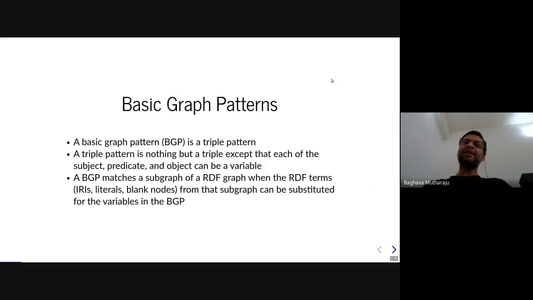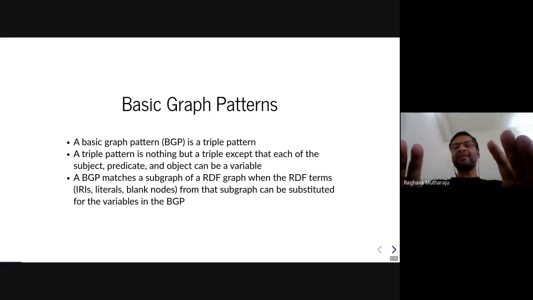The other important term here is basic graph patterns, or BGPs. A basic graph pattern is nothing but a triple. You have your subject, predicate, and object, except that any one of these terms in the triple can be a variable. You can also bind them beforehand.